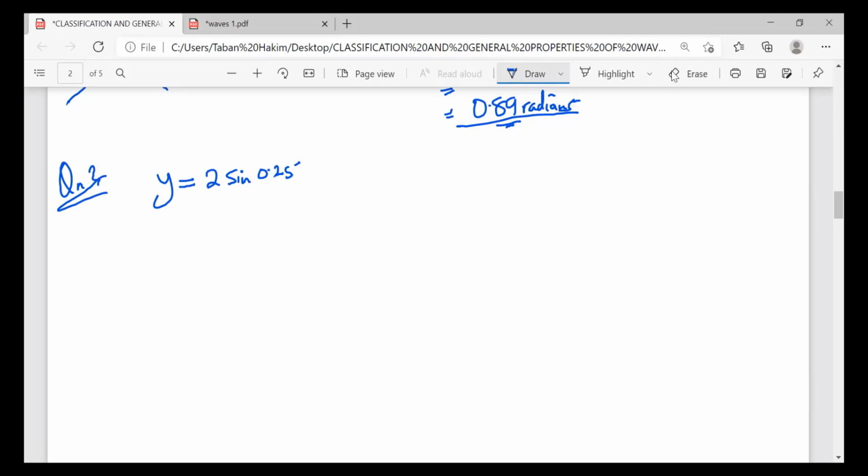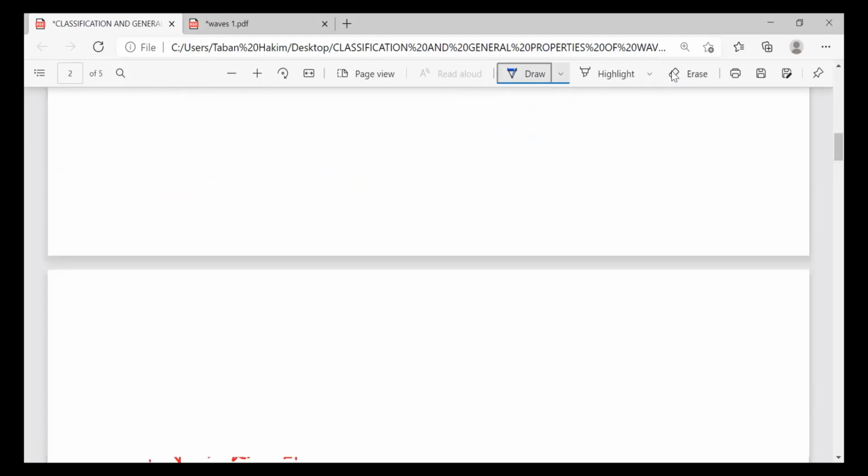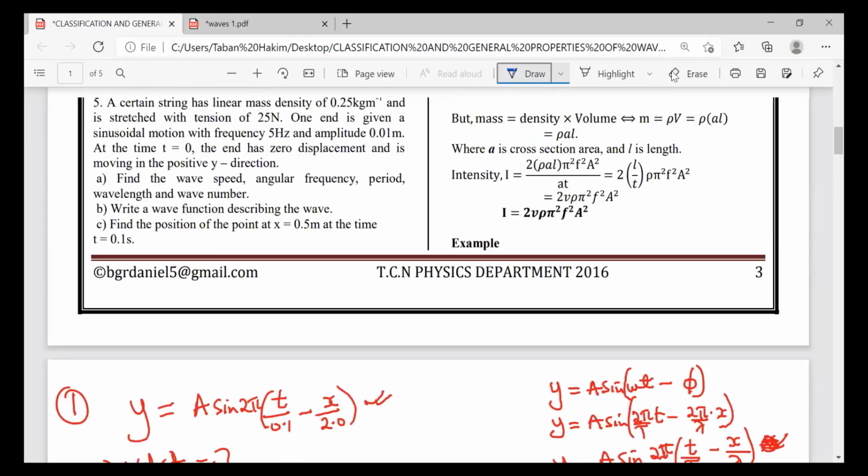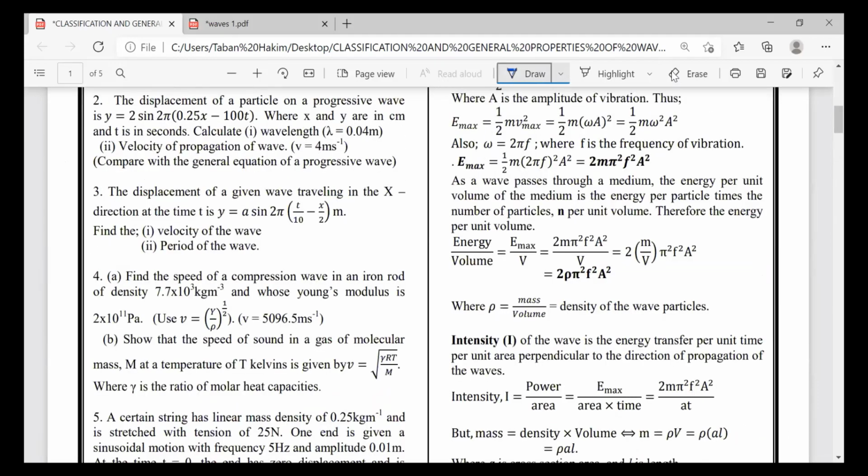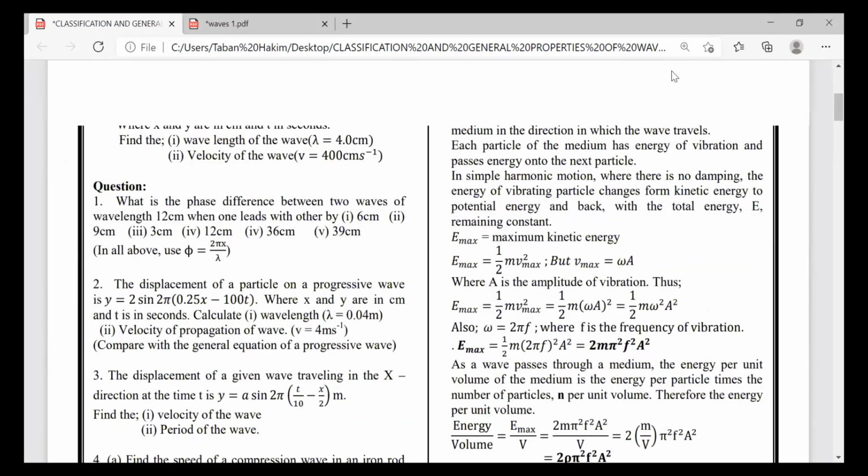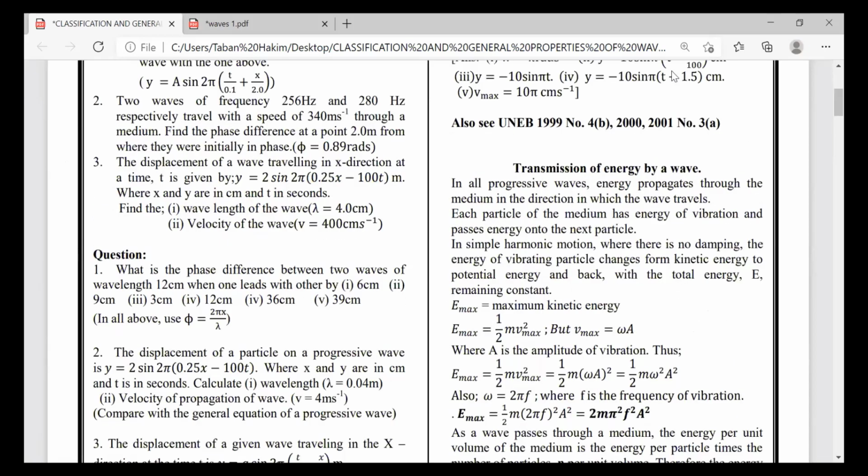I guess this one was t. Then minus 100x. Let me first move up. Y is equal to sine 2 pi 0.25x minus 100 meters.